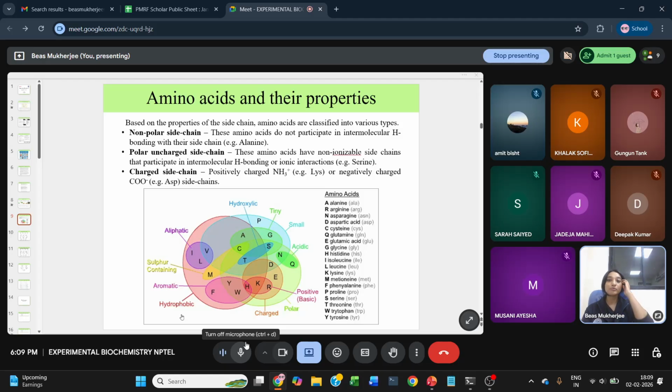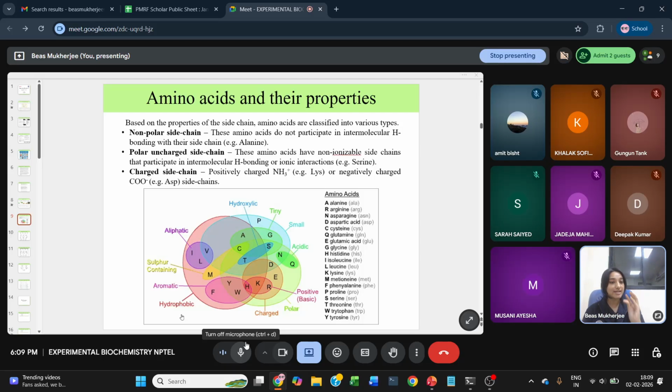Now we come to polar uncharged side chains. These side chains are polar, so they have non-ionizable side chains that participate in intermolecular hydrogen bonding or ionic interactions. For example, serine. Now we were talking about selenocysteine, if you remember. The interesting thing about selenocysteine is, in the cysteine amino acid, there is this SH group, right?